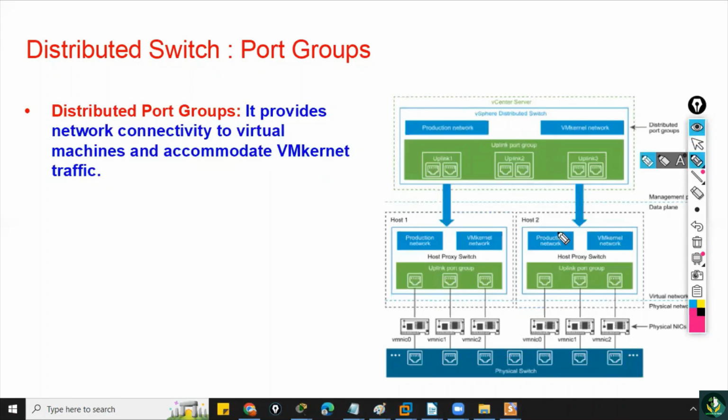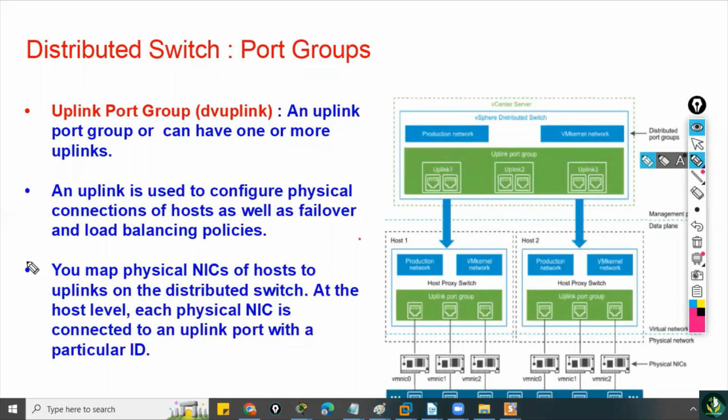It is having these physical NICs. They are connected with the uplink port group. So you map physical NICs of the host. This is the physical NIC, and it is used to connect with the physical network. At each host level, each physical NIC is connected to the uplink port with a particular ID.